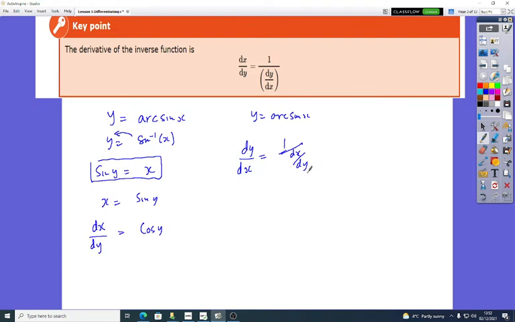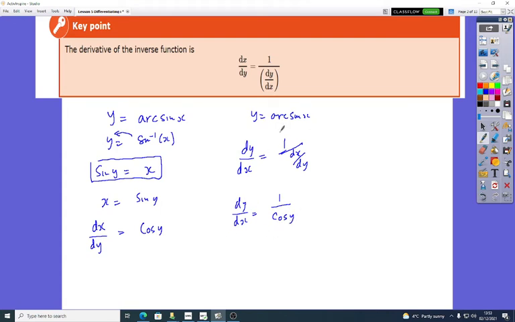Same rule, but just flipped over. So dy dx is going to be 1 over dx dy. Once I switch those over, that dx dy, which is there, is cos y. So dy dx is going to be 1 over cos y.